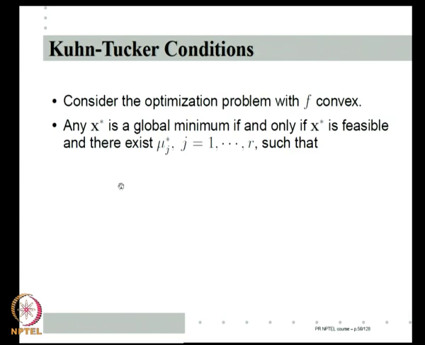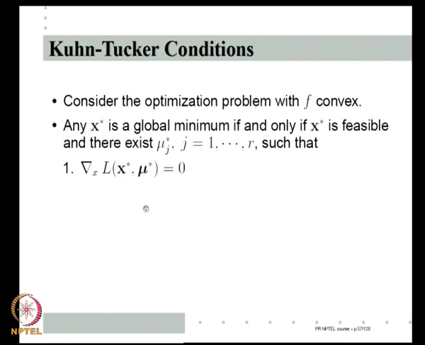So, we are considering the whole optimization problem, that is, minimize f subject to linear constraints a j transpose x plus b j less than or equal to 0, and we are assuming f is convex. Now, here is the theorem that is of interest to us. Any x star is a global minimum if and only if x star is feasible, that is, x star satisfies all the constraints, and there exist some constants mu j star which satisfy the following.